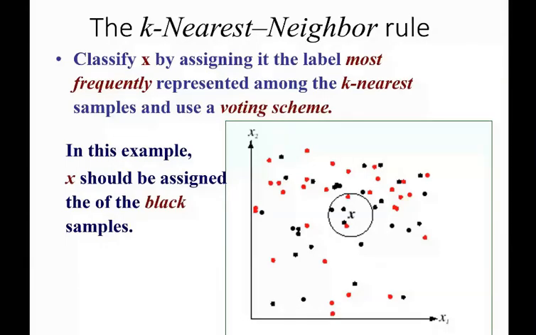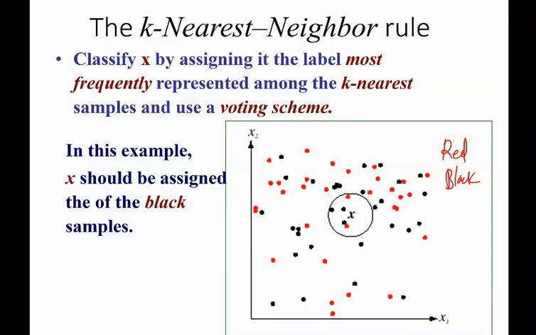Now this k nearest neighbor rule, here the problem is to classify x by assigning it the label most frequently represented among the k nearest samples, and use a voting scheme. In this example, x should be assigned to one of two classes, that is red one or black.